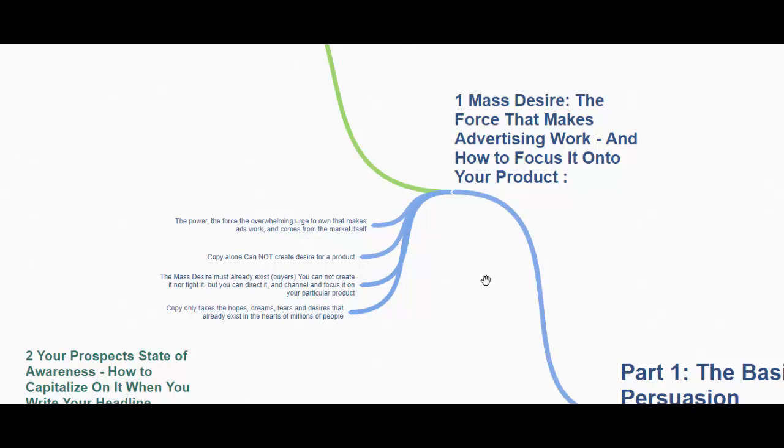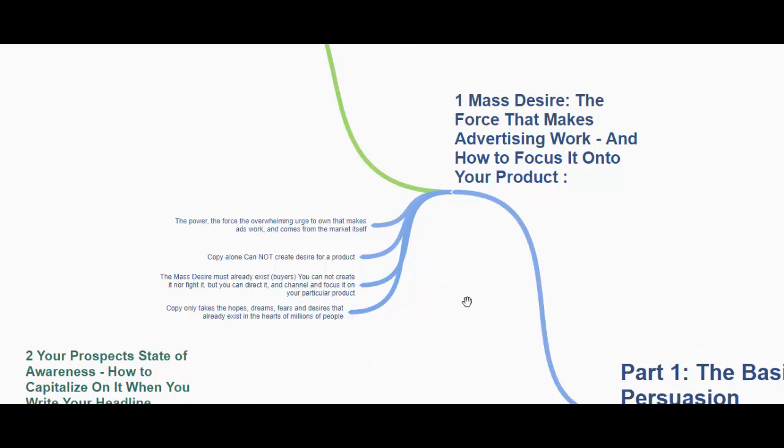Now, Gene Schwartz professes that copy alone cannot create desire for a product. It's the mass desire of a population. So you cannot create it, nor can you fight it, but you can redirect it and channel its focus on your particular product.